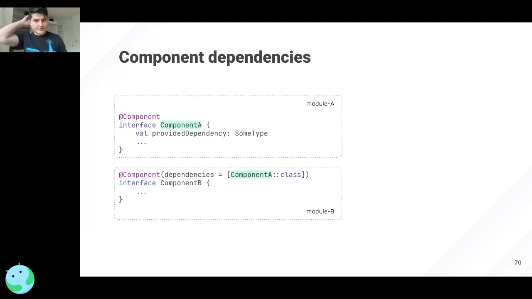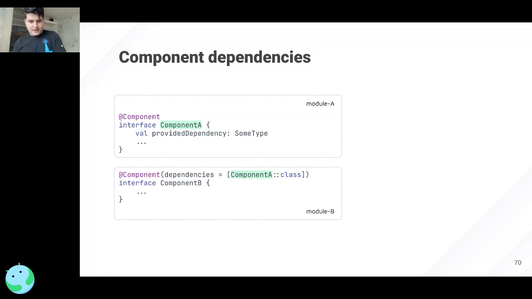All right, let's discuss how the component dependencies mechanism works overall. Let's say you have module A, a Gradle module. Sorry, don't be confused: in this context, module is not a Dagger module, but it's still a Gradle module. In module A, we have a component A, which has a list of dependencies that it provides, and we mark this with a Component annotation so that we know this is a Dagger component.